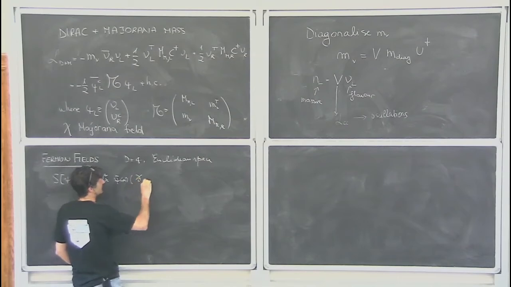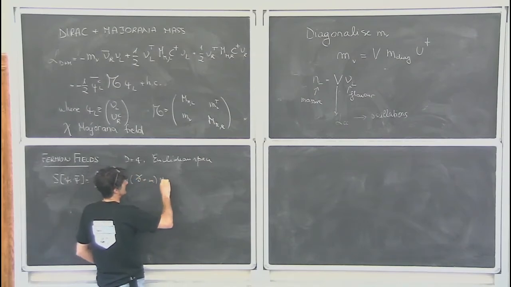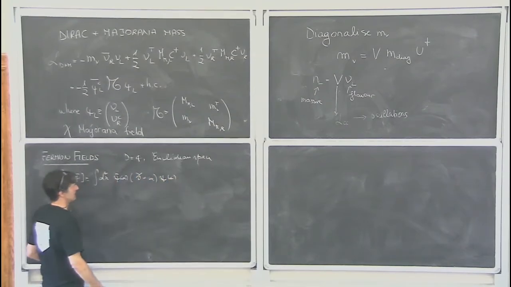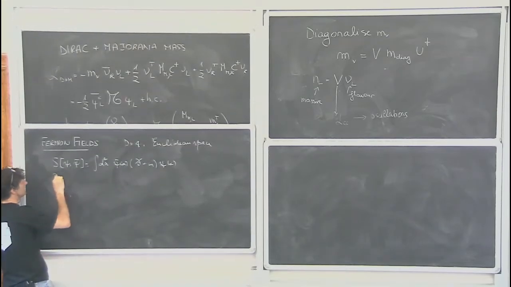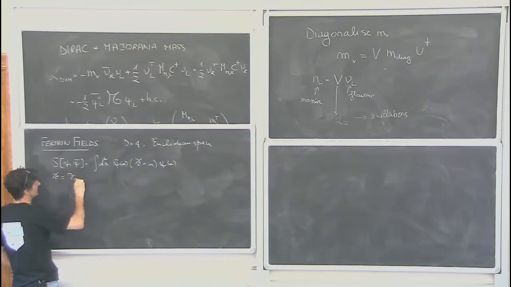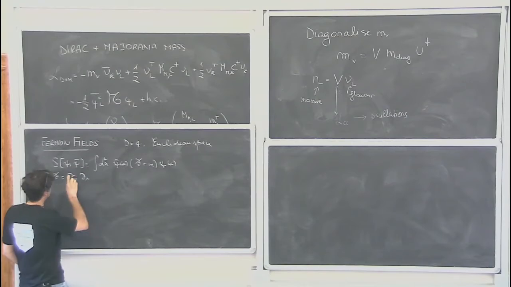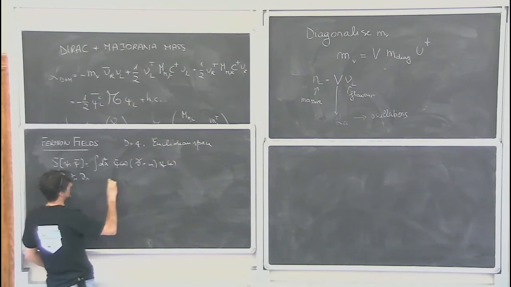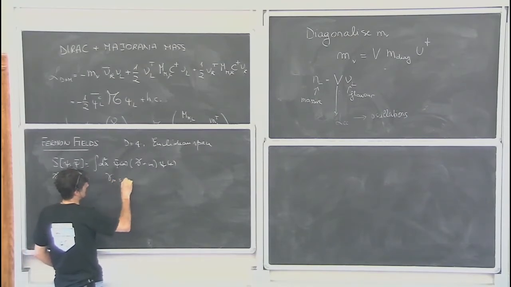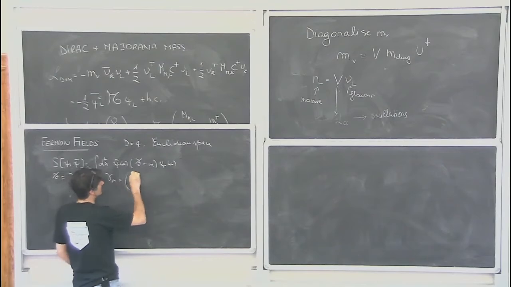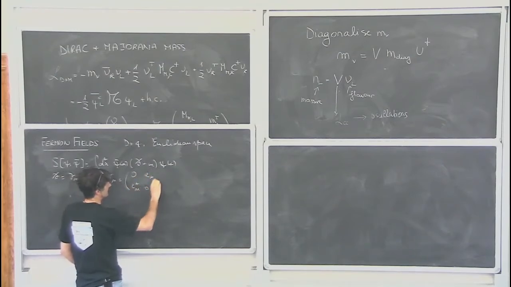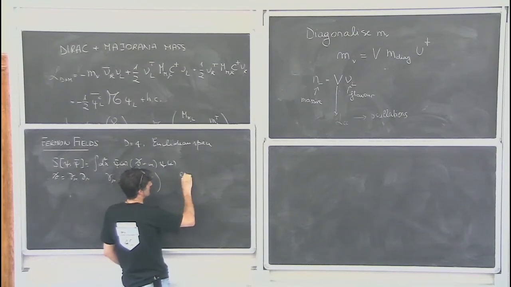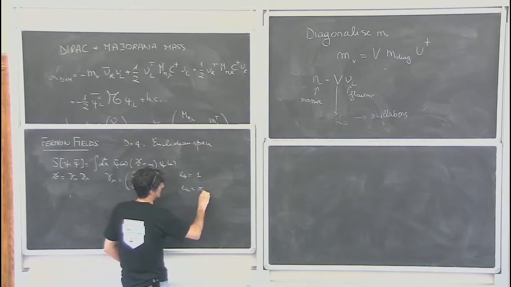which looks like ψ̄(x) (D-slash plus m) ψ(x), where D-slash is the usual D-slash, the contraction of D mu with the gamma matrices, and these gamma mu are Euclidean gamma matrices, which we can write in the following form, where e4 is the identity and e k are the Pauli matrices.